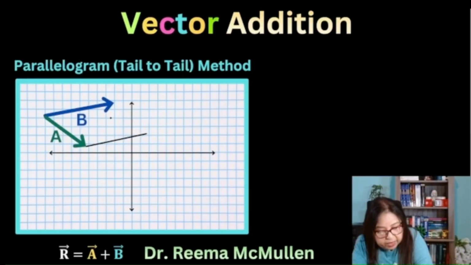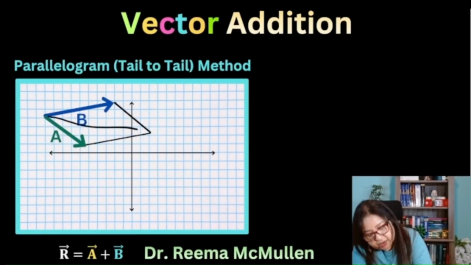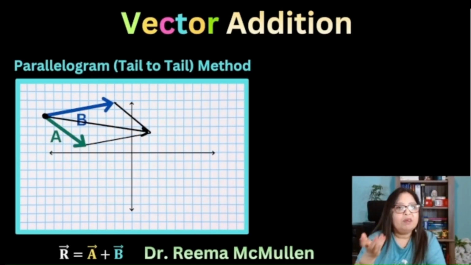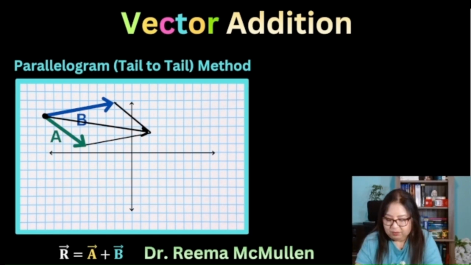I'm not an artist by any means. Here we go. Call it good enough. So the resultant will be this diagonal. This diagonal that is going through the two vectors' tail over here. That's all there is to it. It's very simple. It flows naturally from the triangle law of vector addition. There's nothing much to it.